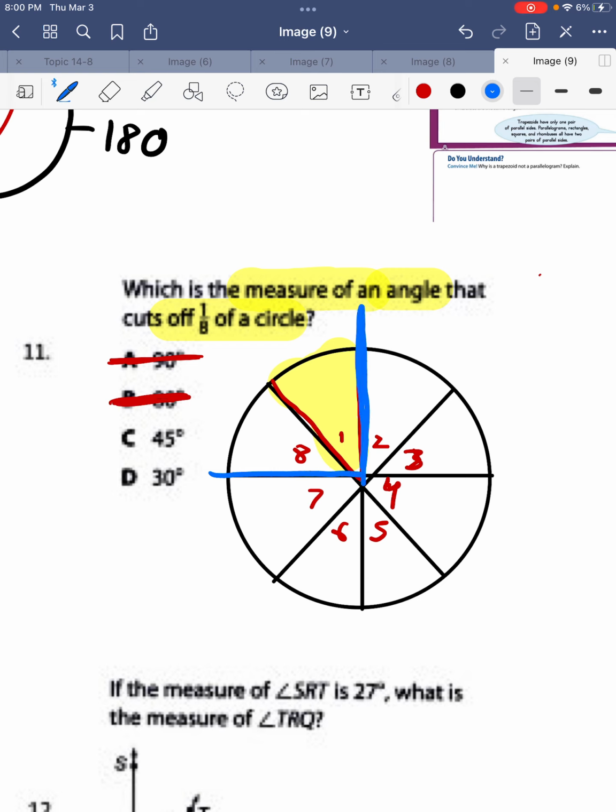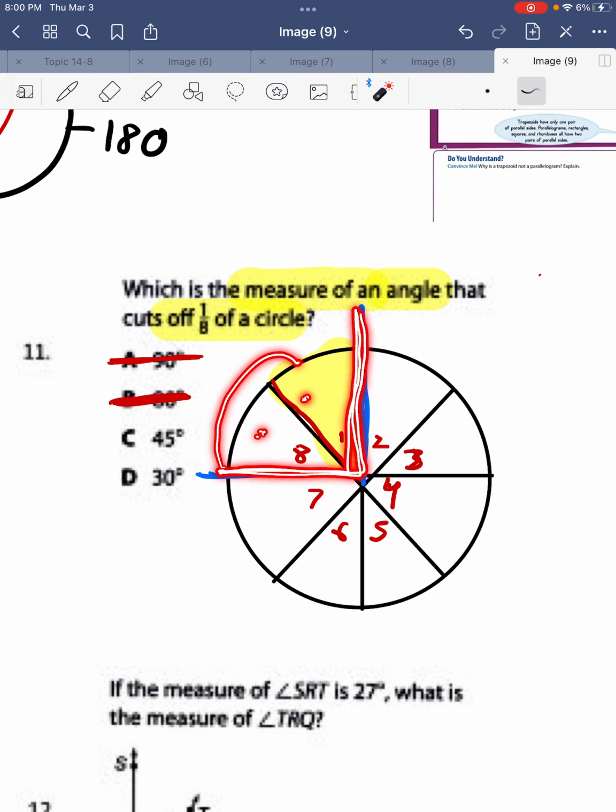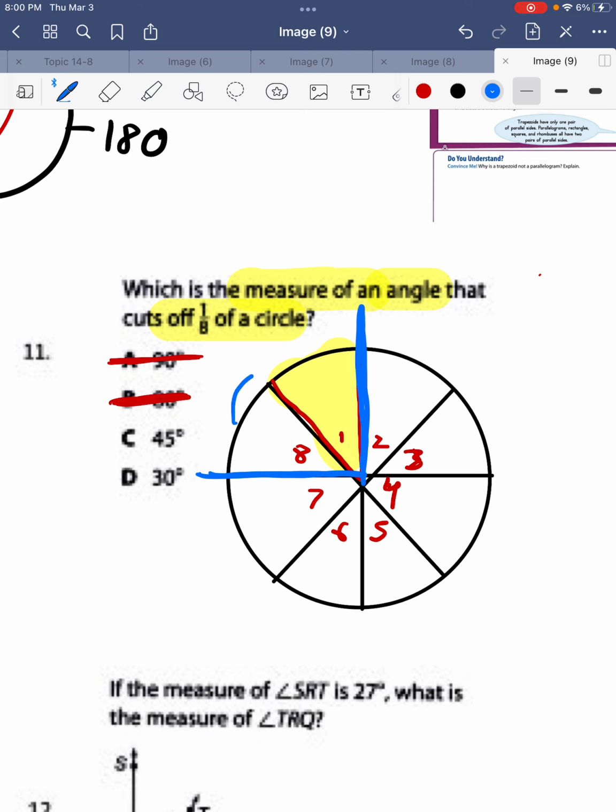So if I add these two sides up, they would equal 90 degrees, because this whole thing is a perfect right angle. So I'm going to put that here. If I add these angles together, they're 90 degrees. Now let me go through my answers.